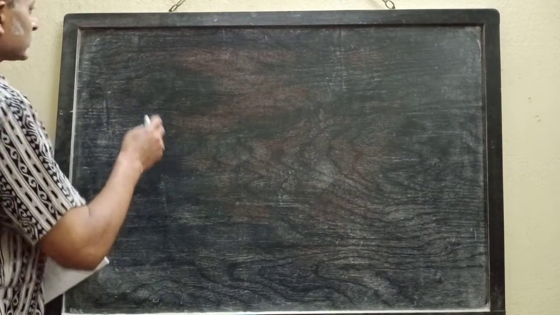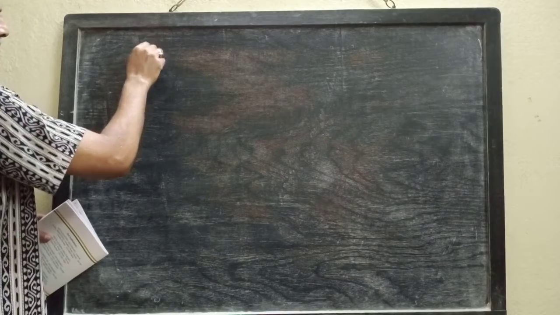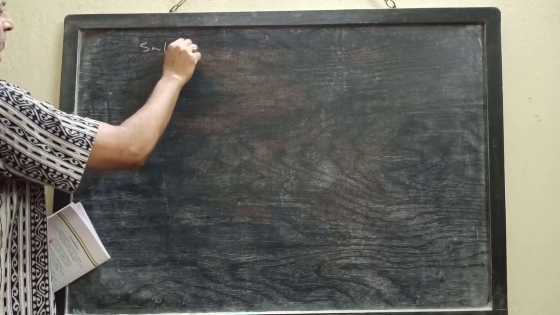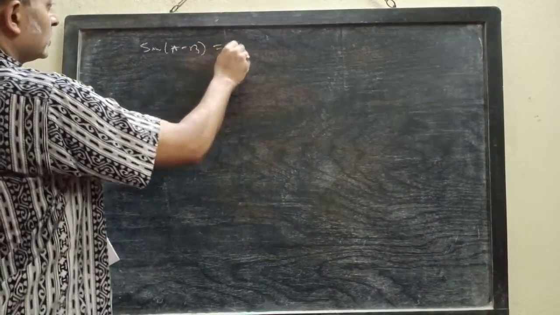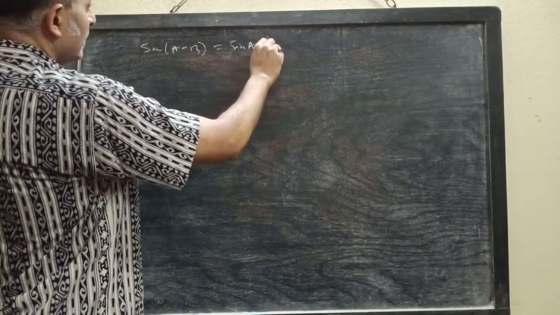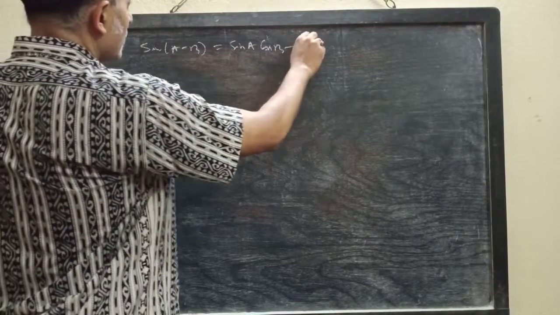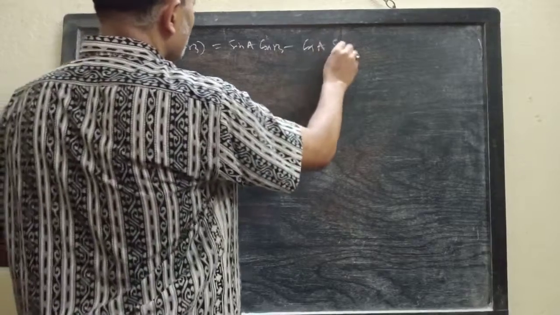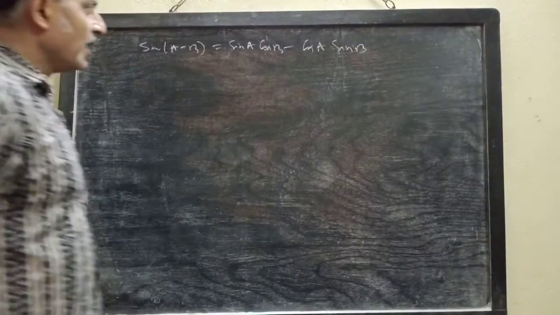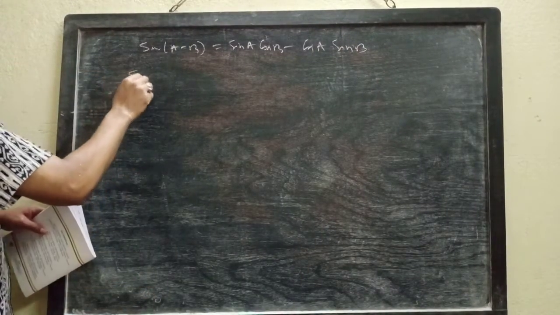Just like, suppose you are given the formula sin of a minus b, which is sin a cos b minus cos a sin b, and you are asked to find sin 15 degree.